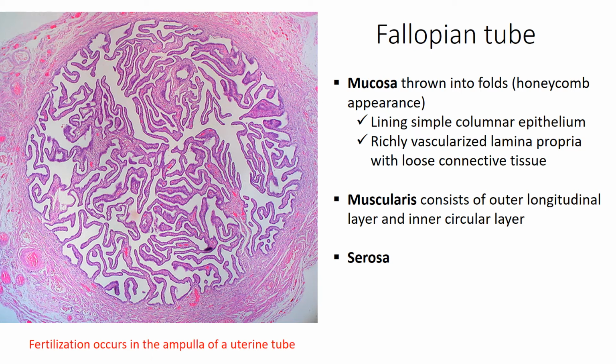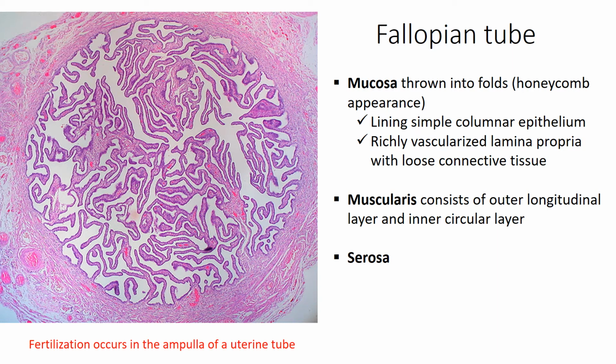Just outside this is a well developed muscularis, having an inner circular layer and an outer longitudinal layer. Even this muscular layer is richly vascular, with very rich vascularity in the lamina propria and even in the muscle layer.